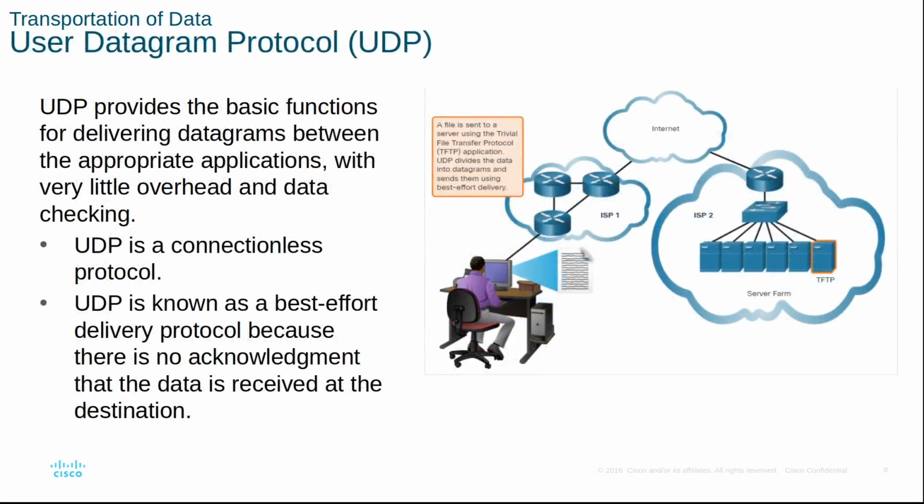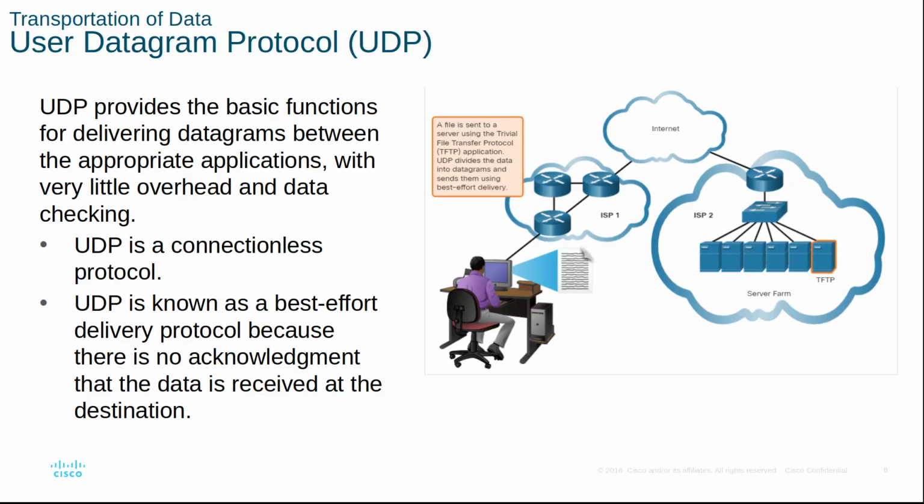UDP, on the other hand, is pretty much the opposite of that. It's a very basic protocol. It delivers datagrams. UDP is User Datagram Protocol. Between appropriate applications, there's very little overhead and error checking. Almost no error checking. In fact, there is no error checking. It's a connectionless protocol.